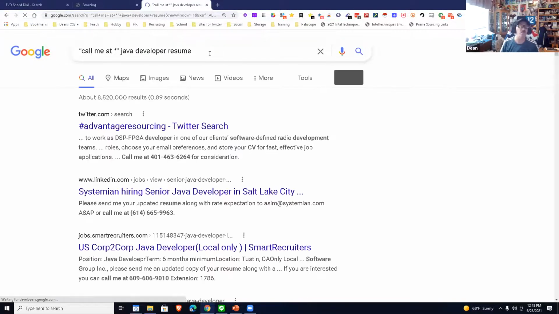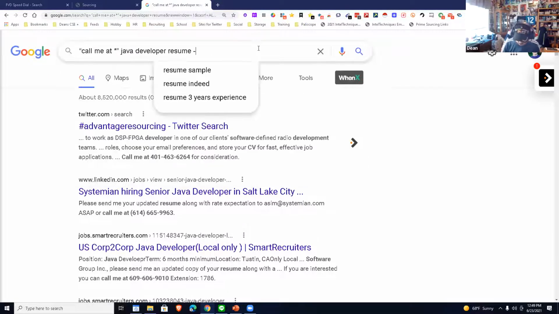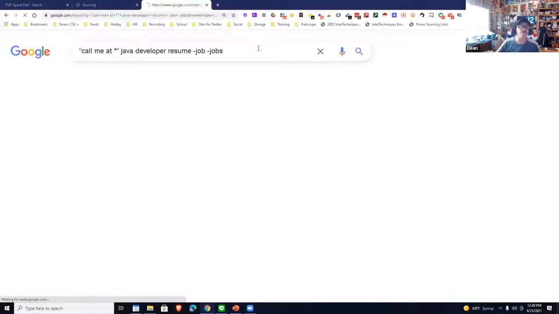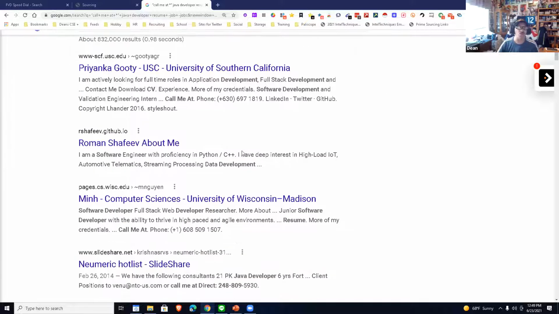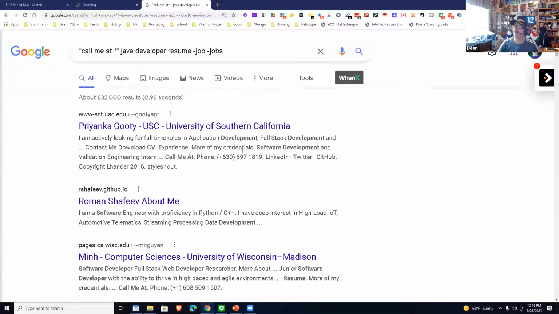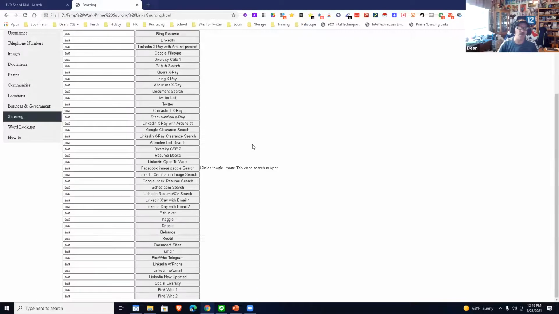No Boolean involved. Resume. Okay, that's a job. So now we have to get rid of stuff. So we're going to get rid of job and jobs. Look, University of Southern Carolina, I am actively looking for a full-time role in application development, full stack development, blah, blah, blah. Call me at. Well, I guess it worked, huh? That's some of the things you do. Now it's time to really confuse the holy heck out of you. Something I recently did.